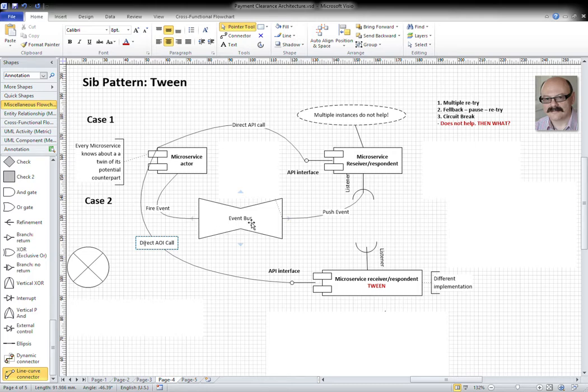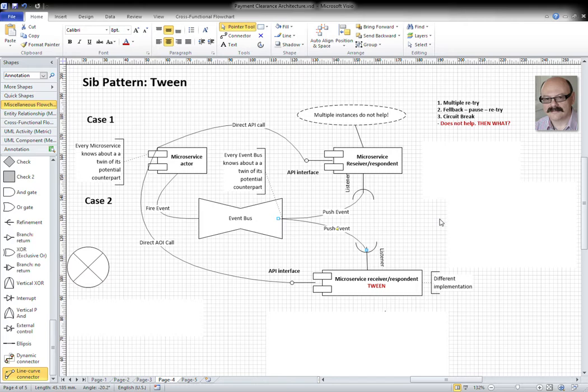Actually, the event bus has to be aware of this twin as well, and in this case it can do a very simple thing. It can forward the event to the twin if all its attempts to communicate with the microservice respondent failed. Very well. We have a failover at runtime.